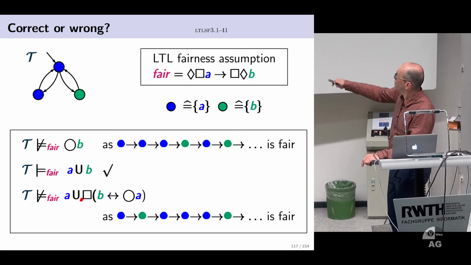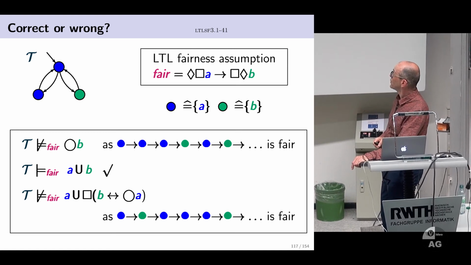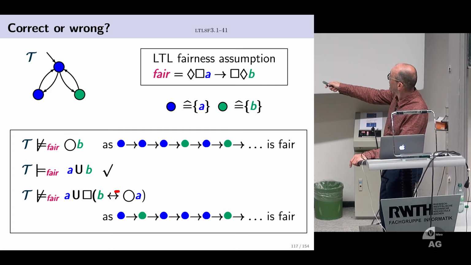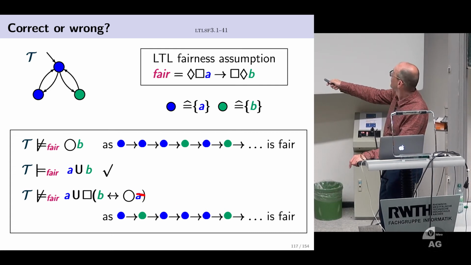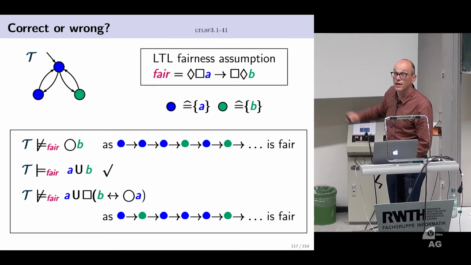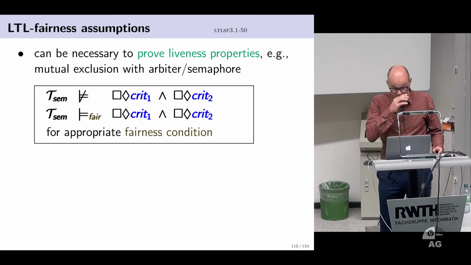Now we have to show that this fair path violates this formula. Well, here we have a position where A holds but the next position does not, and the previous position is not green. So this is violating the right-hand side of this box operator.